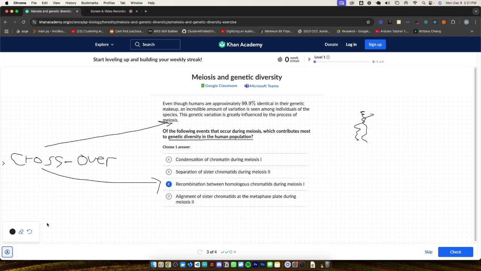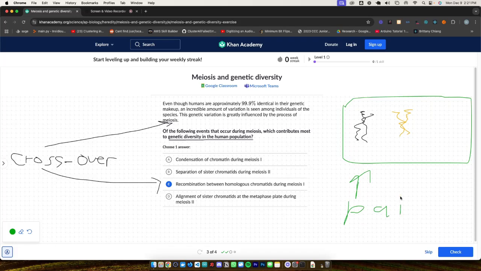Let's say you have one chromosome like that, two chromatids, remember, two strands of DNA, and then you have another one. These two are in a homologous pair, right?